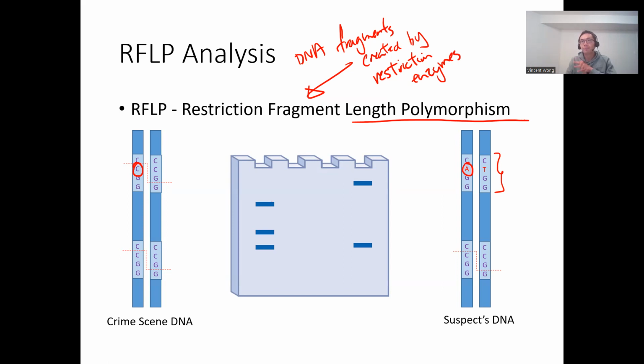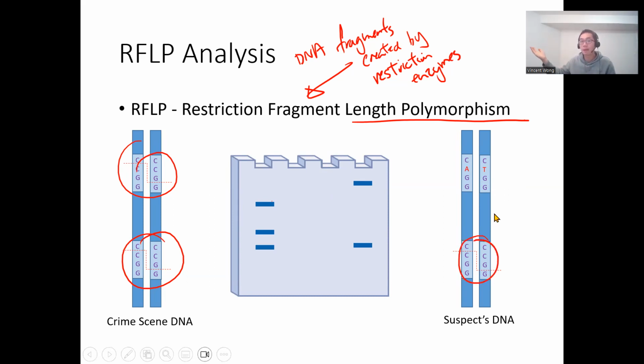That's why where the restriction enzymes cut is going to be different for you and for me, because we might not have the same restriction enzyme sites at the same location. You might have both CCGG here and here, but for me, because I have the mutation, I only have 1 recognition site.